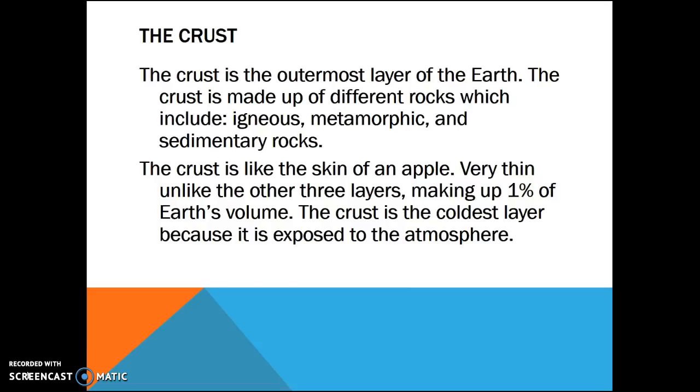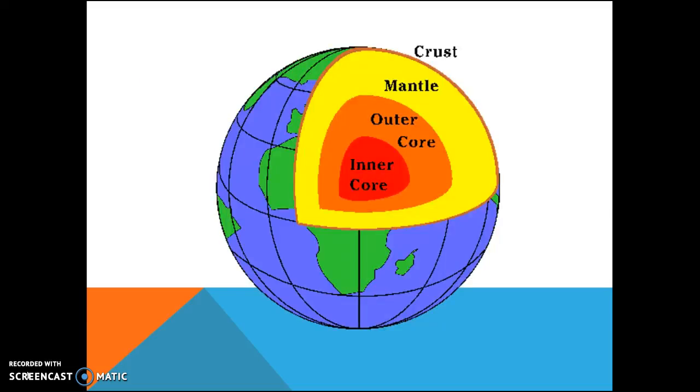Basically, think of the crust as the skin of an apple. It's very, very thin. The other layers are bigger. This particular layer is thin, making up 1% of Earth's volume. So that's very small. The crust is the coldest layer because it's exposed to the atmosphere. If we compare it to the mantle, the inner core, and the outer core, those layers are actually warmer than the crust.